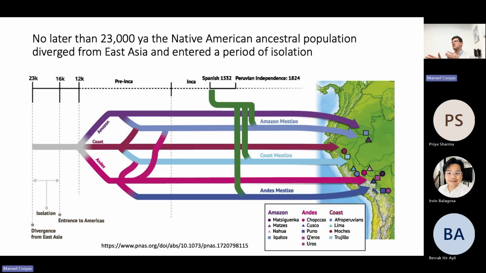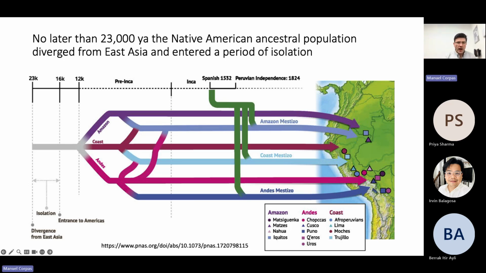And because of the geography, you have three main geographical regions there. One is the coast, one is the Andes, another is the Amazonian rainforest. And you can see how human evolution mimics those geographical patterns.